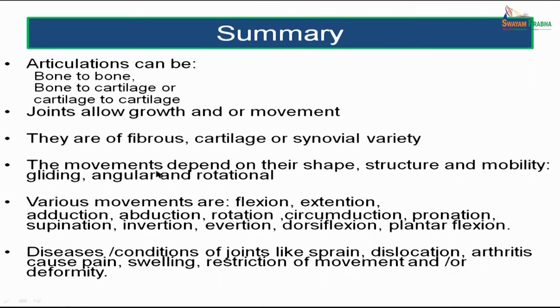The movements of the joints depend upon their shape, their structure, their mobility, and the movements are either gliding, angular or rotational. There are various types of movements: flexion, extension, adduction, abduction, rotation, circumduction, pronation, supination, inversion, eversion, dorsiflexion, plantar flexion.